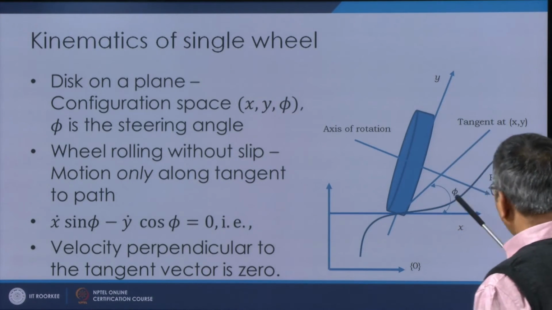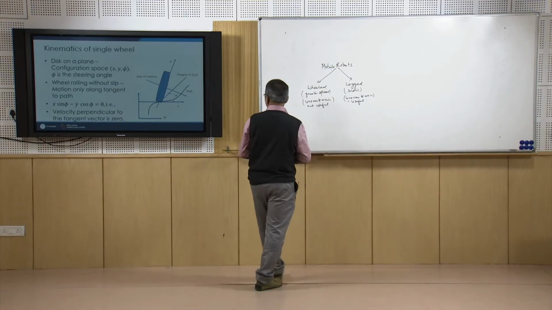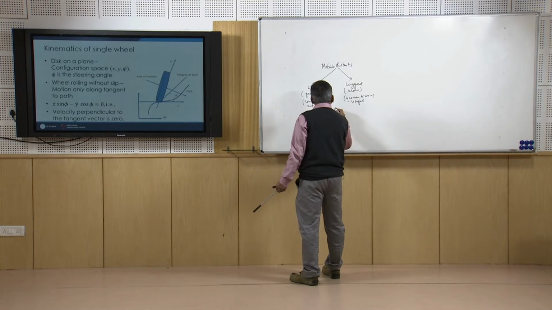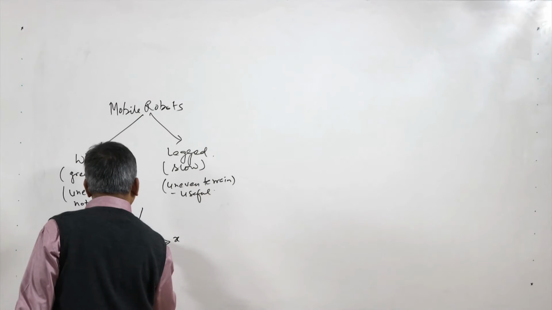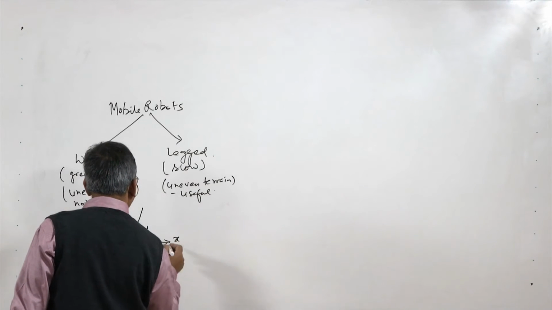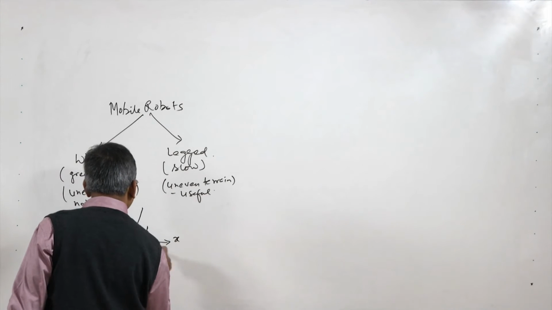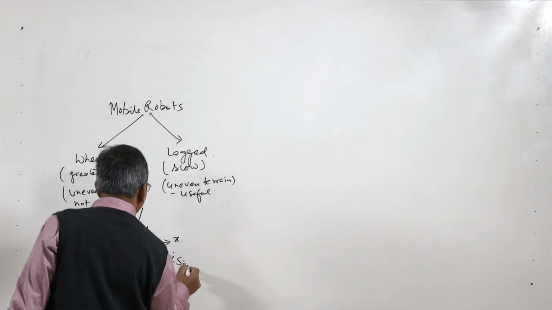So, this is the x dot component here. Say this is my x and this is phi. If this is my direction for x dot, then this is going to be x dot sin phi.